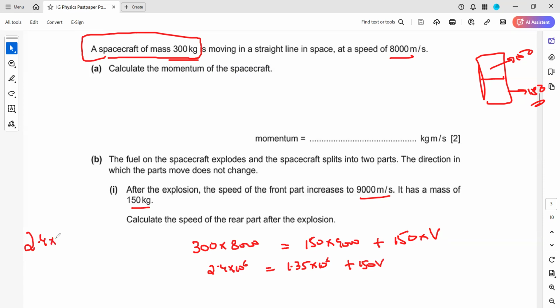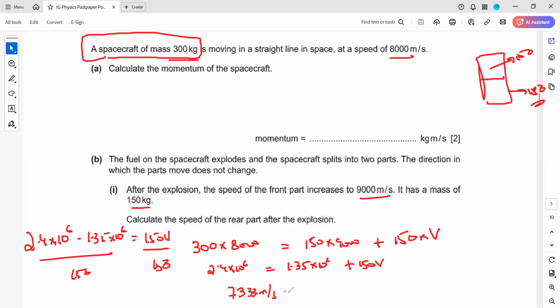So 2.4 exponent 6 minus 1.35 exponent 6. The 150 is multiplied, so on the other side it will be divided. What's the final answer? 7,333.